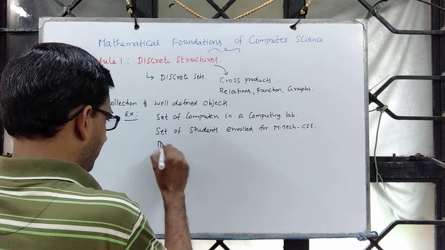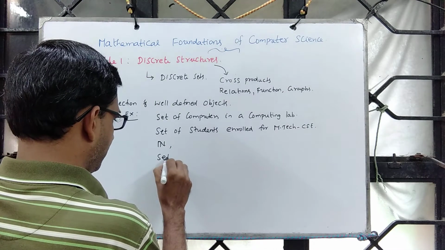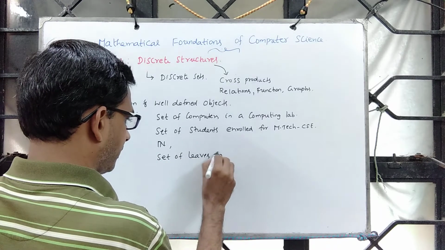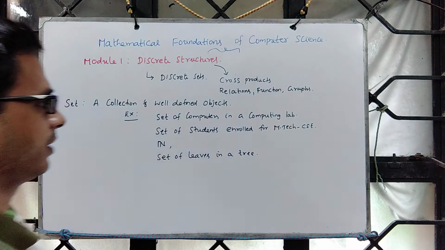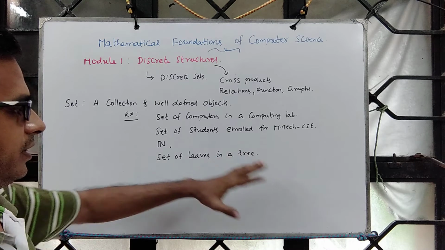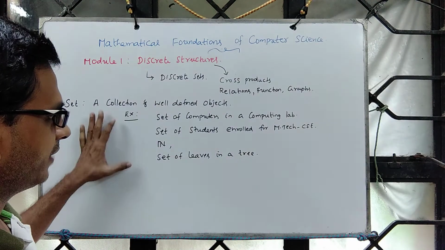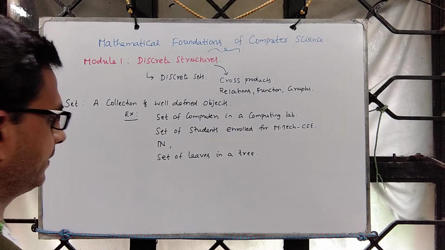Set of natural numbers, set of leaves in a tree, and so on. Set of trees in a country, and so on. This is a well-defined collection. It gets the name set.